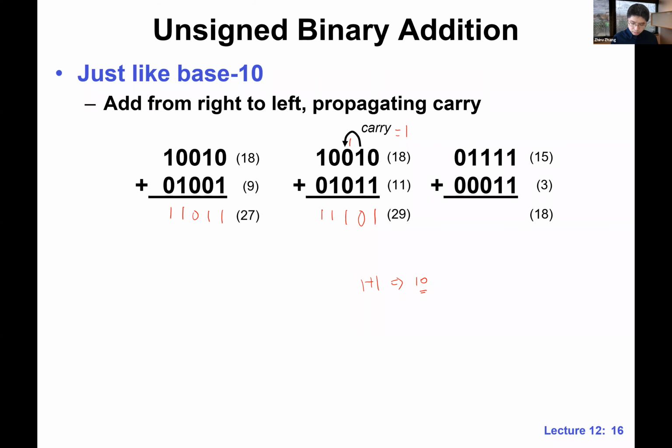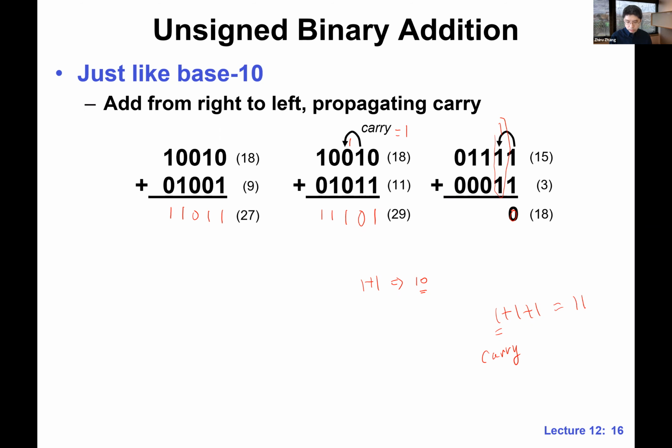First, rightmost column, 1 plus 1, we have a 0 here, and we propagate the carry. Then over here, we are doing 1 plus 1 plus 1. Just want to be clear here. So this is a carry, and we're doing 1 plus 1 here, 1 plus 1 plus 1, which should give us 3.